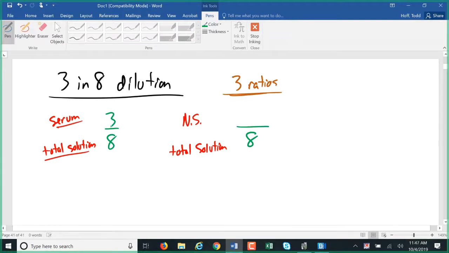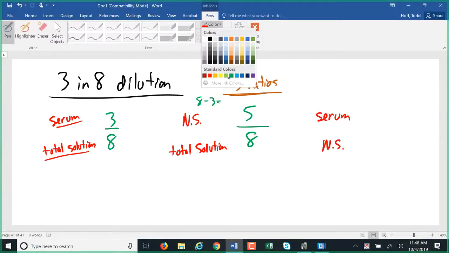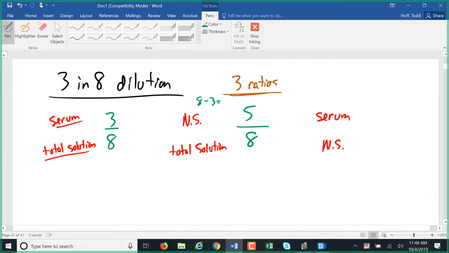There's 3 parts that are serum, so 8 minus 3 gives us 5 parts for saline, neutral solution. Then, of course, the third important ratio we get out of here is the ratio of serum to saline. Once we've got the other ratios created, this one's obvious. Serum is still 3 parts, and saline is 5 parts.